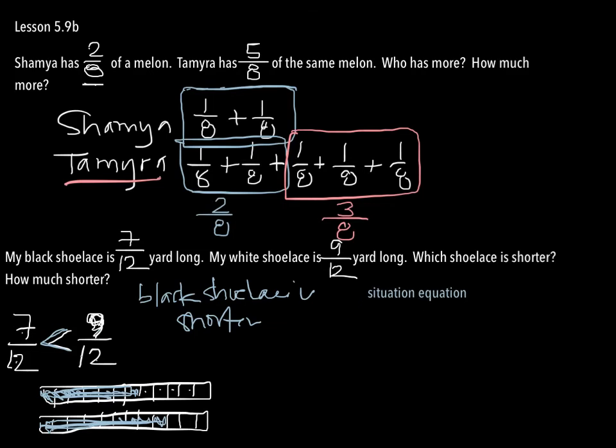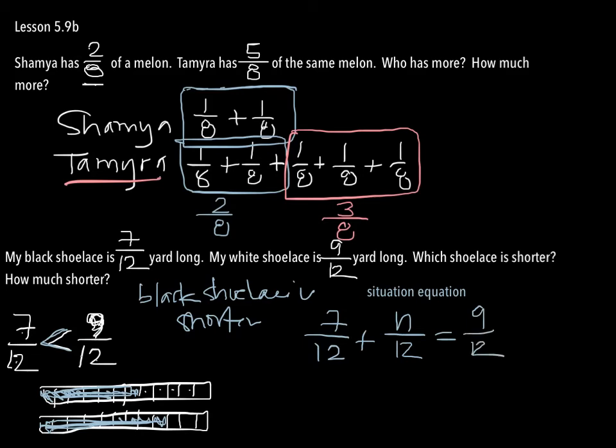And that's what the problem is asking us. So I'm going to take 7/12 plus, and I'm just going to add numerator, denominator, but I know my denominator is going to equal 9/12. So that's the situation equation.